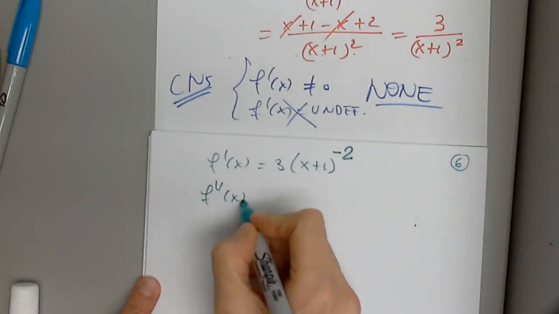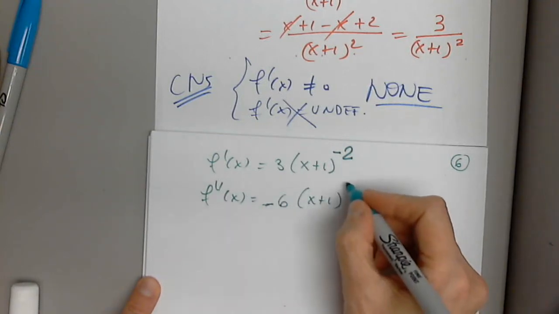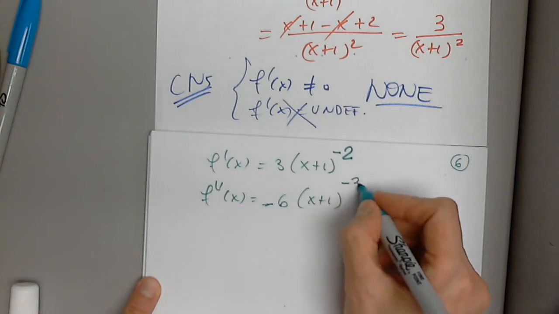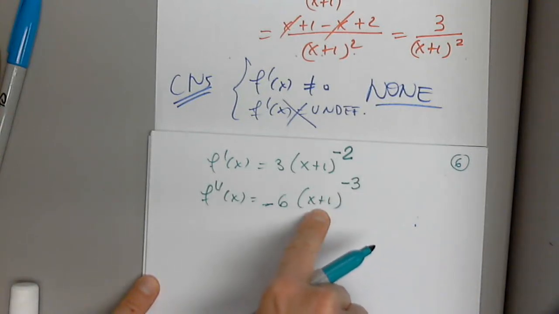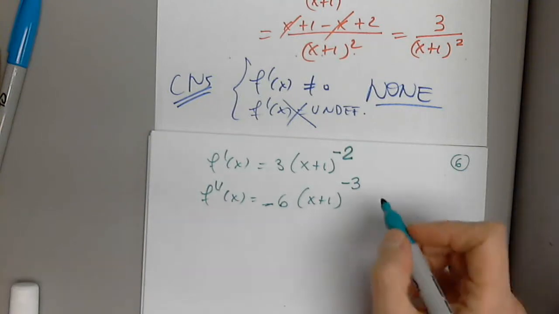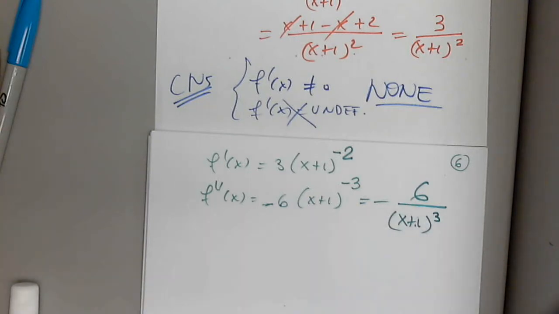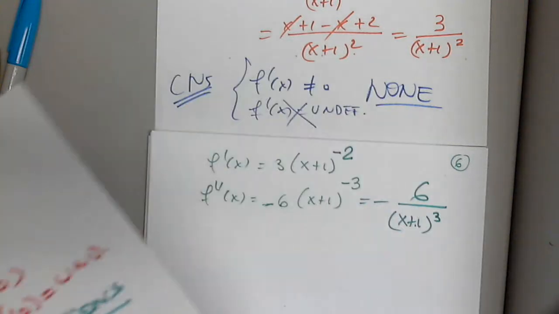So the second derivative will be, bring down negative 6, (x plus 1) raised to the negative 3, times the inner function prime. But how much is x plus 1 prime? Very good. So now I'm back to: is this ever zero? A fraction is zero only when the top is zero. But now I have to be very careful with the sign.